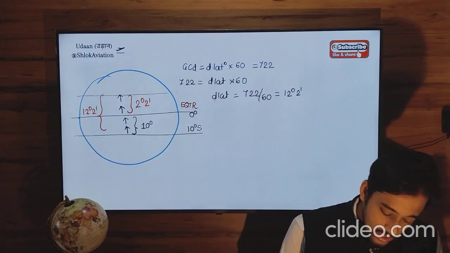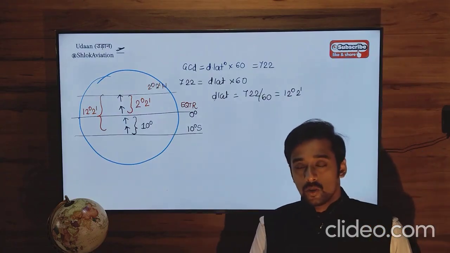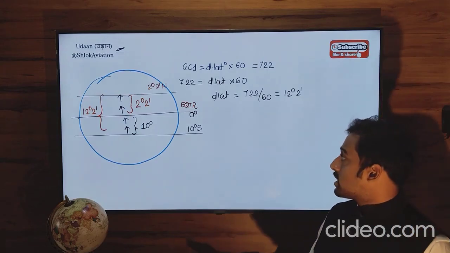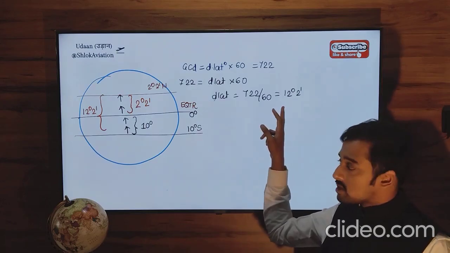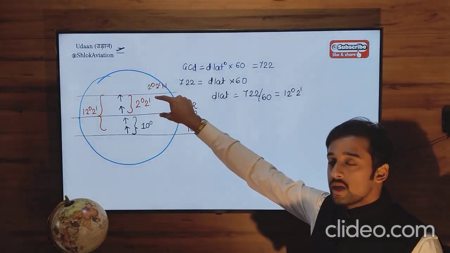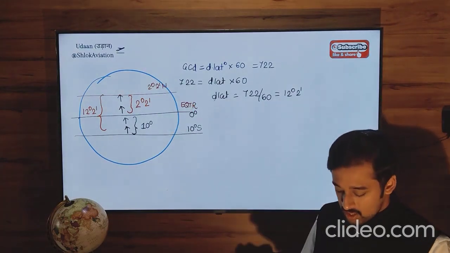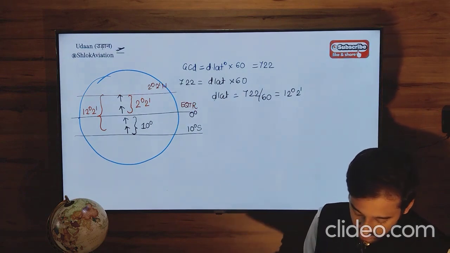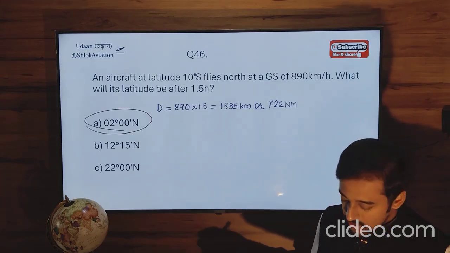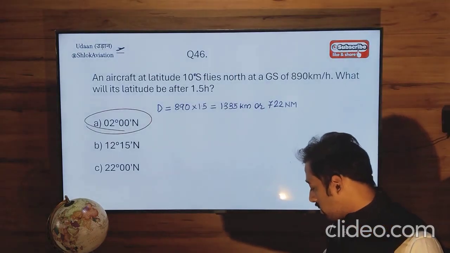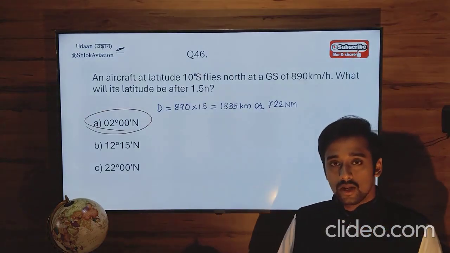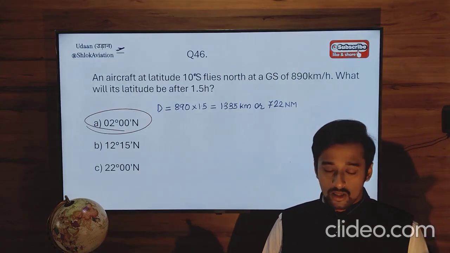So new latitude will be 2 degree 2 minutes north. 12 degree 2 minutes was the total latitude difference. 10 degree here, remaining 2 degree 2 minutes in the northern hemisphere. So what will be your new latitude? New latitude will be option A, 2 degree 2 minutes or approximately 2 degree north.